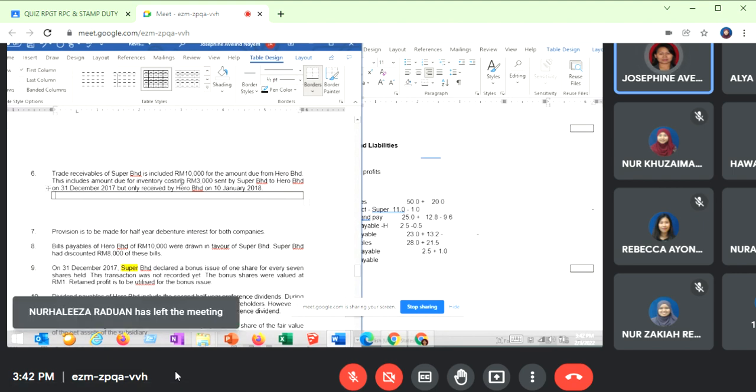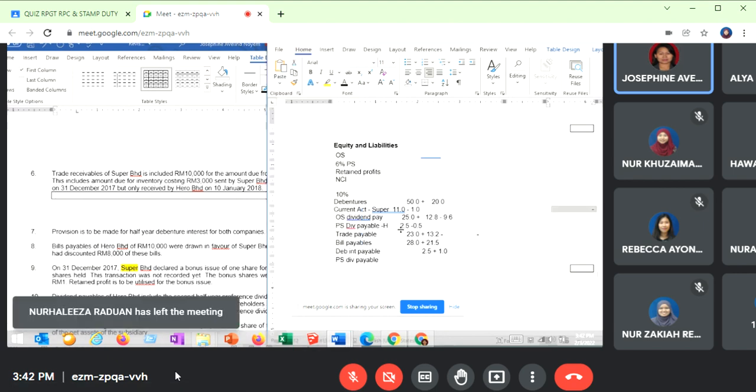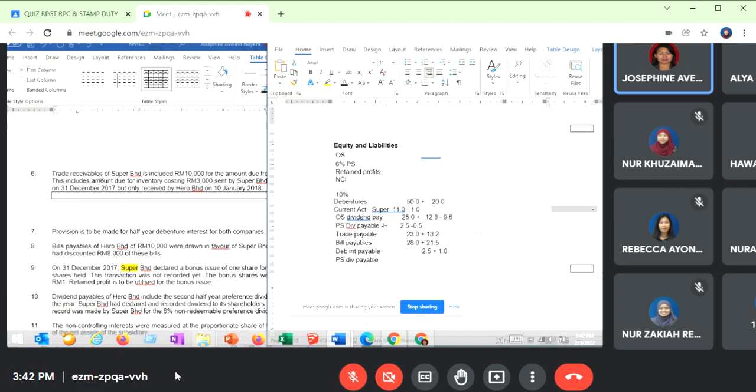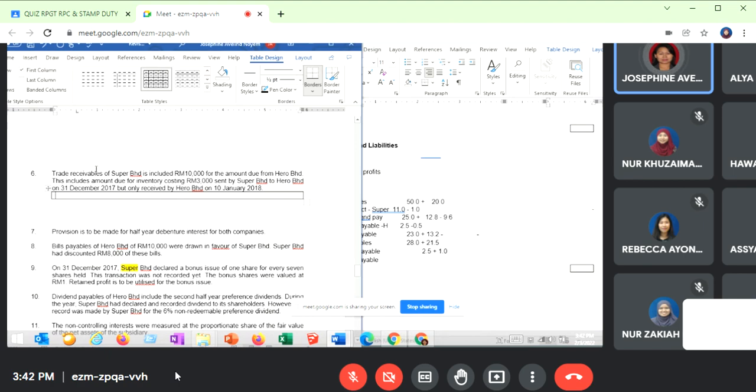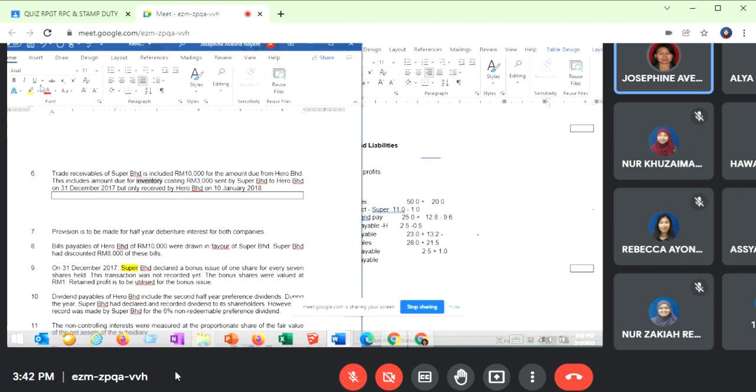So what we have here is the trade receivable, the asset of Super. This is something to do with inventory, not cash. So we have to be careful here. This is inventory. So what happened is Super sold goods to Hero on credit.